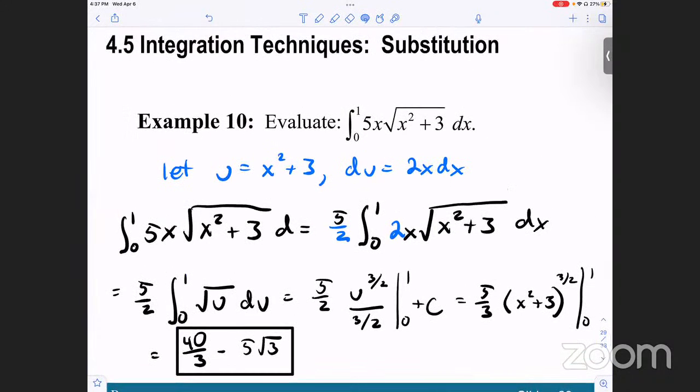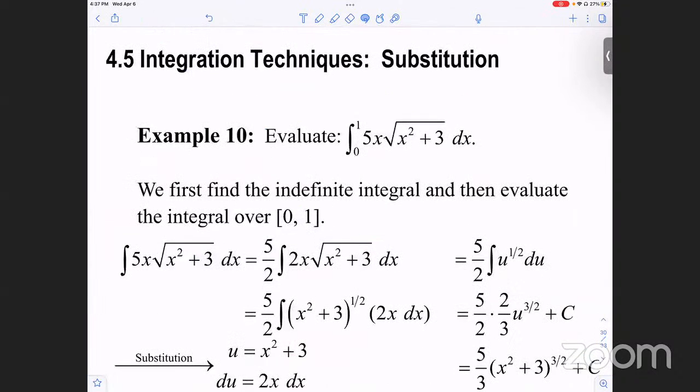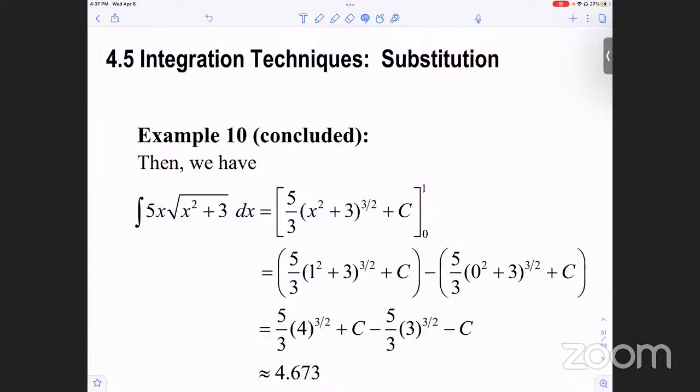But 40 over 3 minus 5 over 3. Let's see. Seven 3.